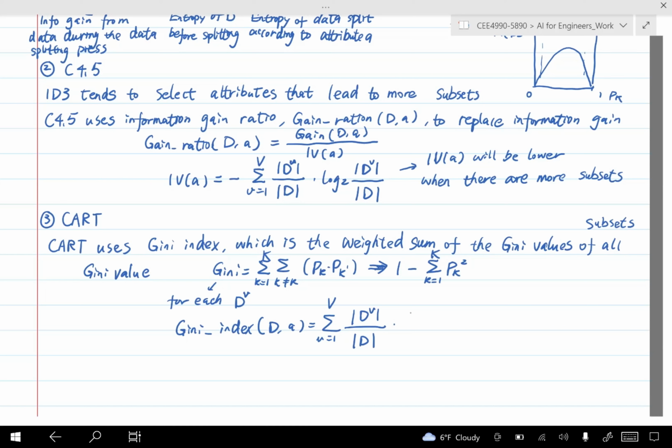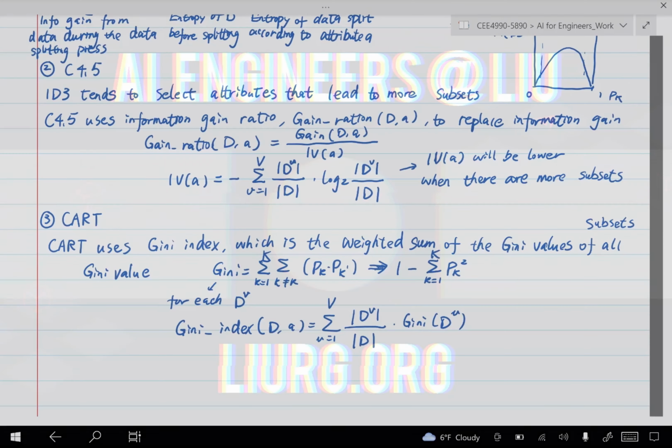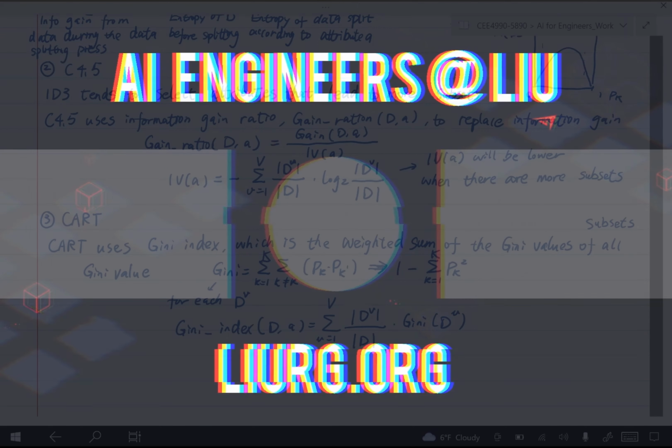That's the weight, and the Gini value for the v-th subset is calculated using the equation above. And this is what we need to know for a decision tree.